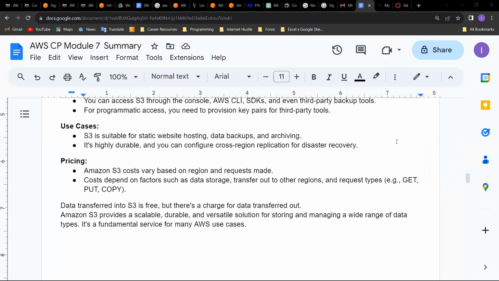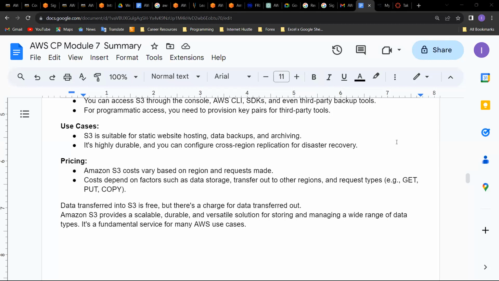What are the use cases? As I said earlier, it's for static web hosting, data backups, and archiving. You can configure cross-region replication for disaster recovery as well. S3 costs vary based on the region you are in, even though it's global, and the requests that are made.